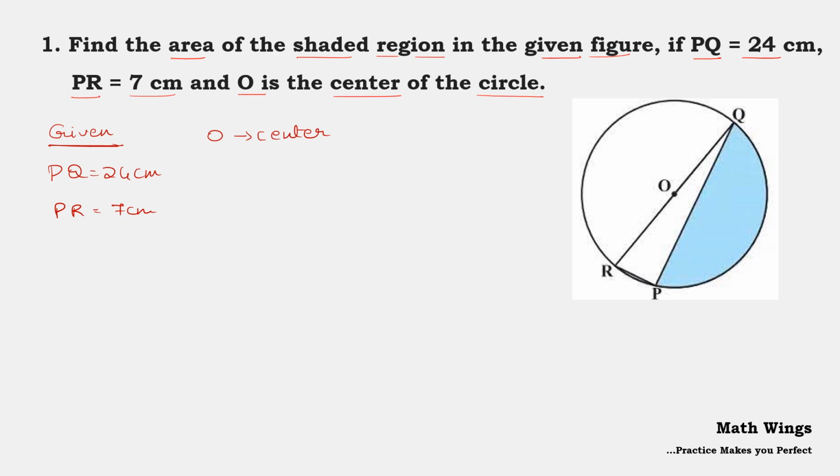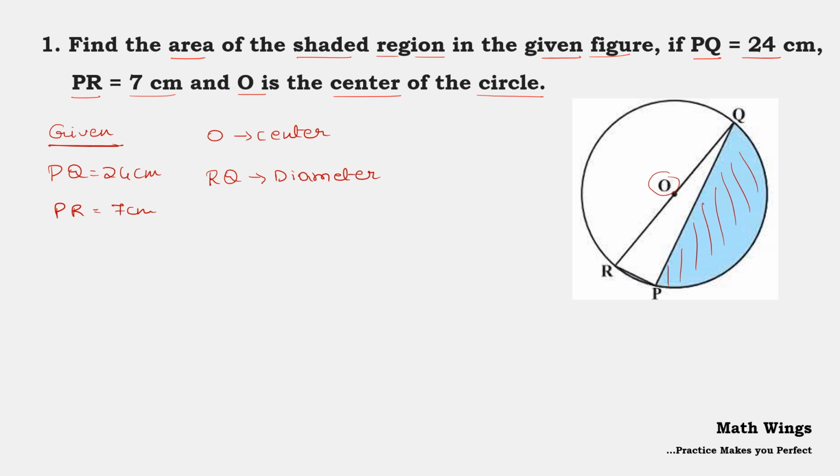Now, if you observe the diagram, we have O here and we have a line RQ which is passing through the point O. Therefore, what you can say? You can say that RQ is the diameter of the circle. Correct? Now, if you observe the shaded region, it is covered in the semicircle formed by RQ.